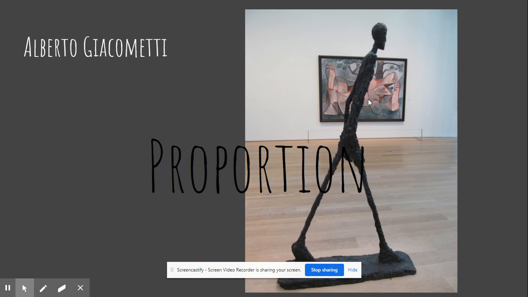Proportion. Proportion is an important principle of design to really think about how things relate to one another. When you look at this human figure, its proportions are off, and so it's one of the first things we notice. It's too skinny and too tall, and all of its limbs don't seem to be in relationship to the size of the figure itself.